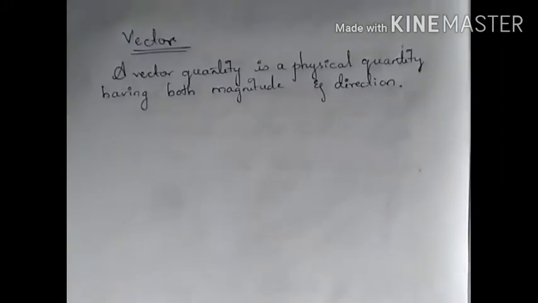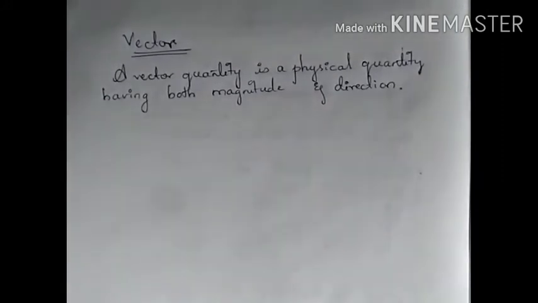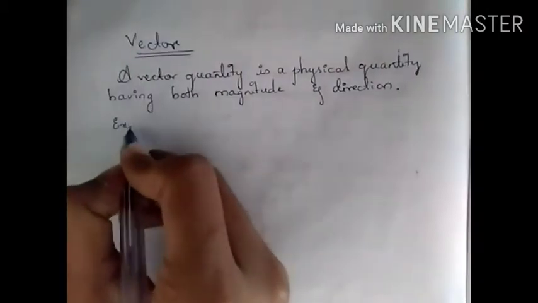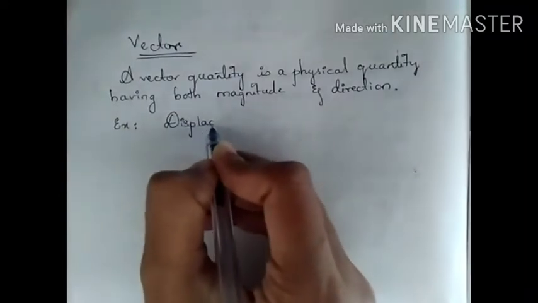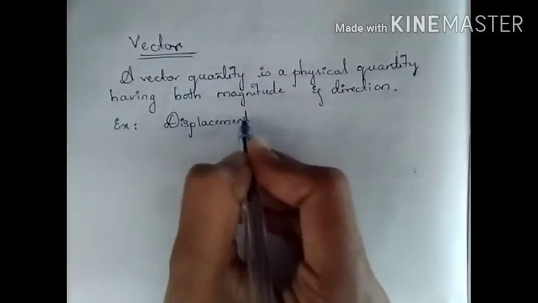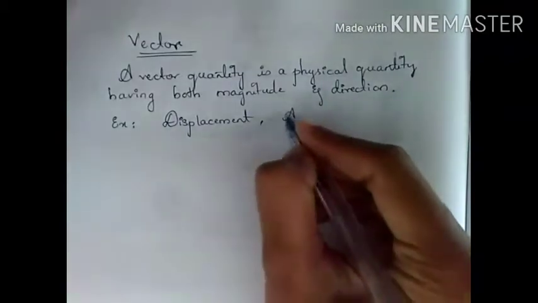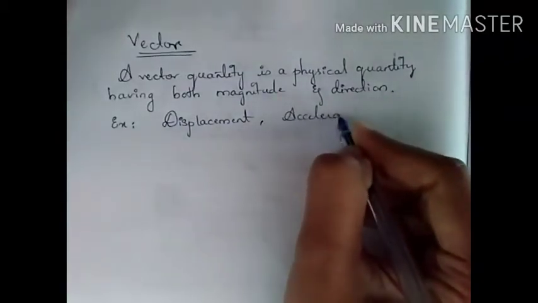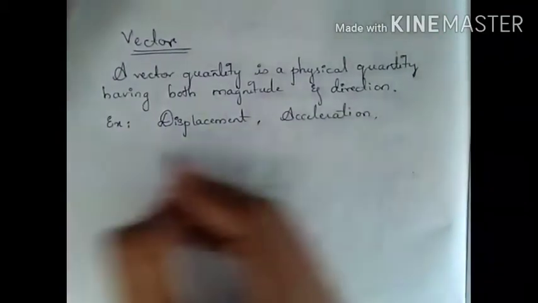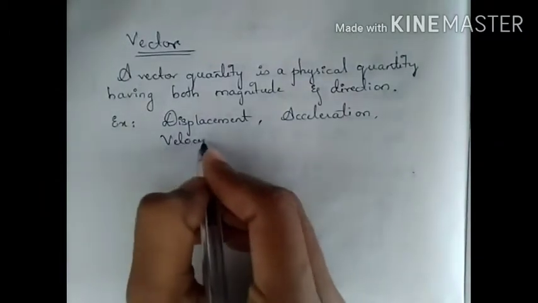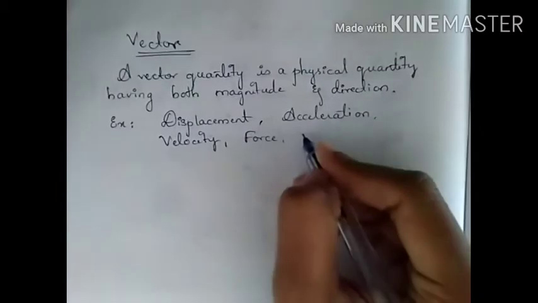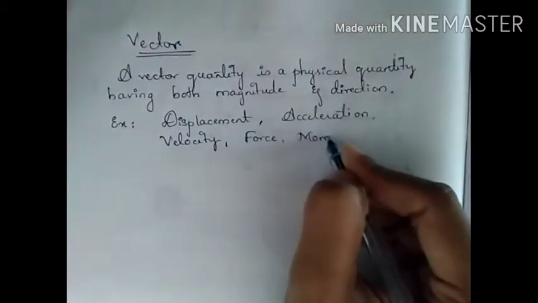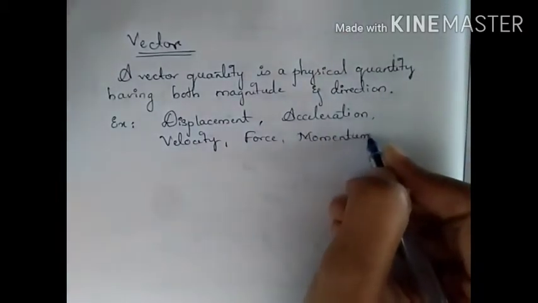Those quantities are known as the vector quantities. The examples for vector quantities are displacement, acceleration, velocity, force, momentum, and many more.